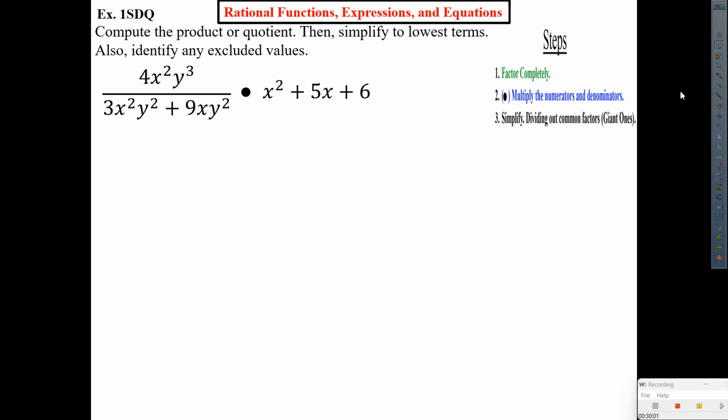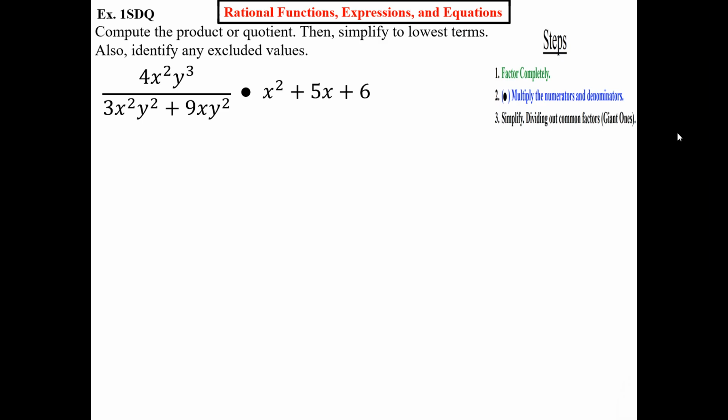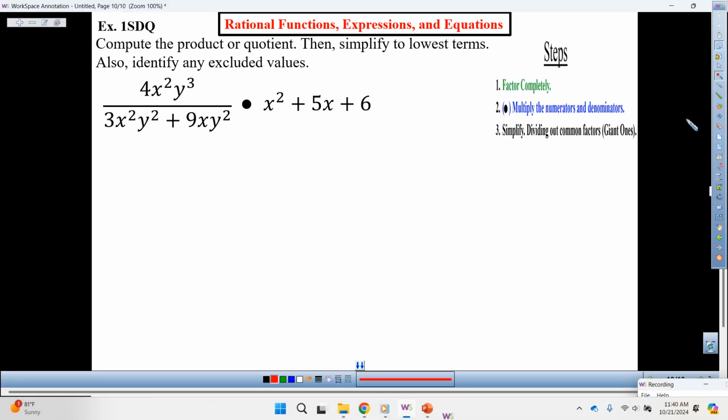Now that we got the hang of the process, let's do this one together.